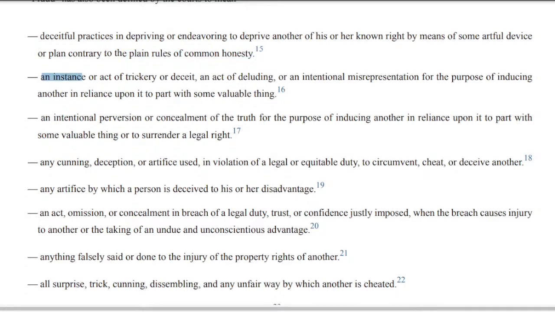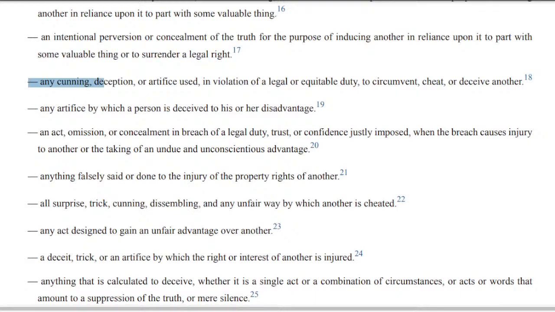An instance or act of trickery or deceit, an act of deluding, or an intentional misrepresentation for the purpose of inducing another to rely upon it to part with some valuable thing. An intentional perversion or concealment of the truth for the purposes of inducing another, in reliance upon it, to part with some valuable thing or to surrender a legal right.